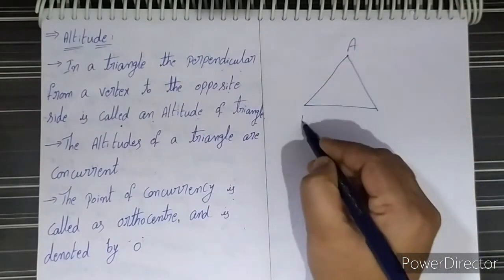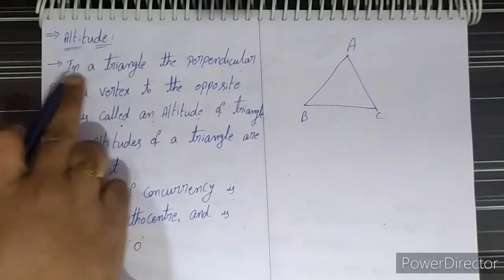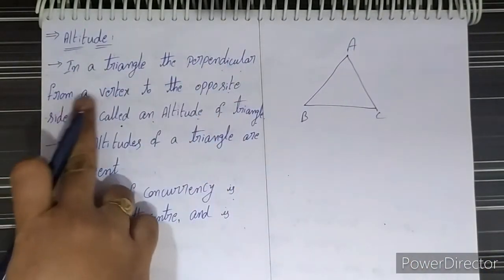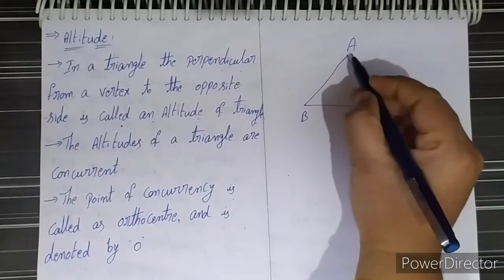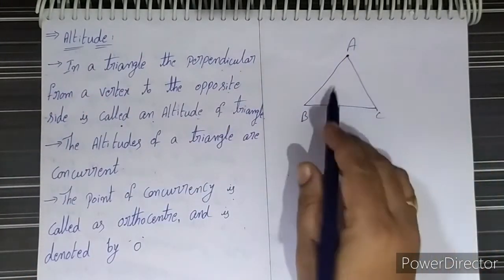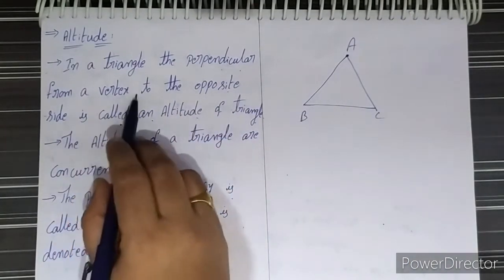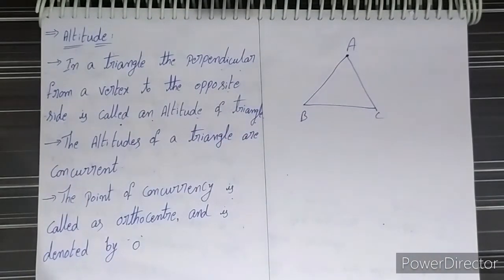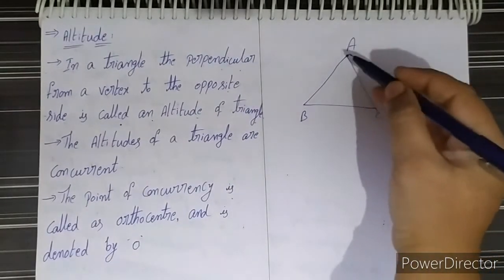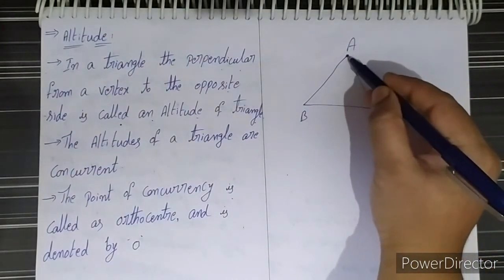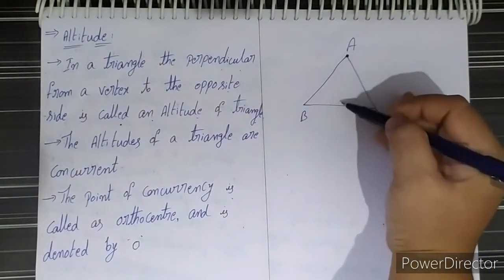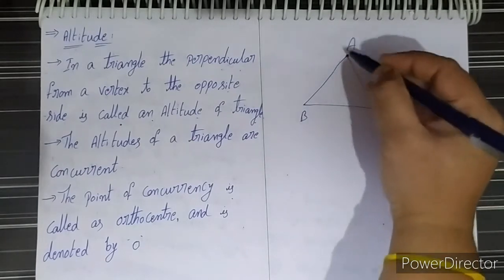This is the triangle ABC. In a triangle, the perpendicular from a vertex, we can take first from vertex A. We can draw the perpendicular line from this vertex to the opposite side.